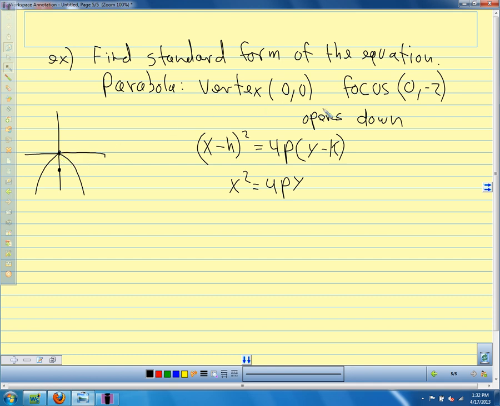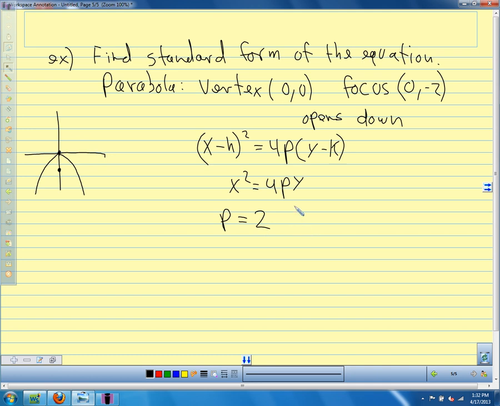So how many units down am I moving from the vertex to get to the focus? Our focus is at 0, -2, and our vertex is at 0, 0. So I'm moving 2 units down. So the focus is 2 units down, so p is 2.